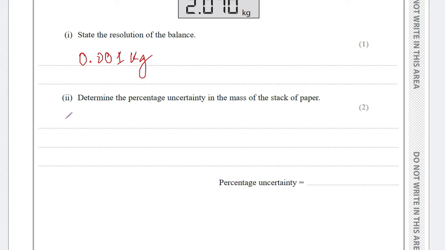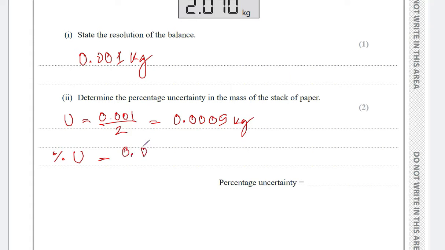So first find out the uncertainty. Uncertainty would be resolution 0.001 divided by 2. That makes it 0.0005 kg, right? So this is my uncertainty. And as always, percentage uncertainty is uncertainty 0.0005 divided by measured value 2.07 times 100.